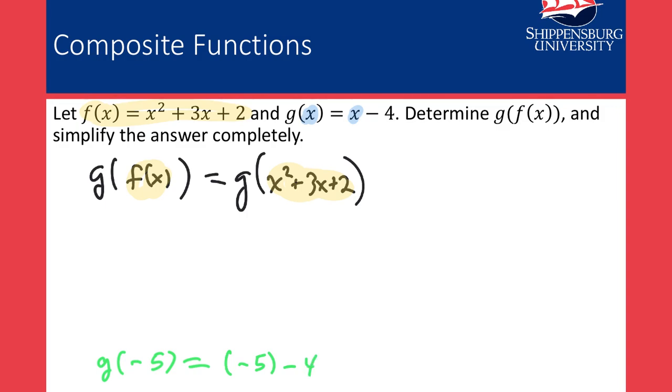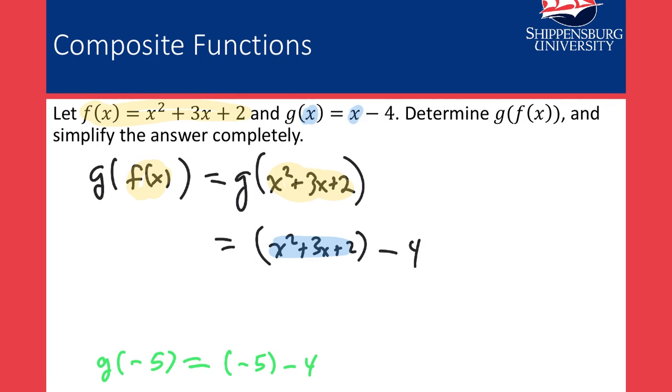Again, notice I'm putting parentheses around the number just to make sure I'm entering it right, and I can see what arithmetic that would do. The exact same thing happens here. Whatever the input is, minus 4. So in the function g, I'm told to take whatever you put in and subtract 4 from it. And so that's what I'm doing.